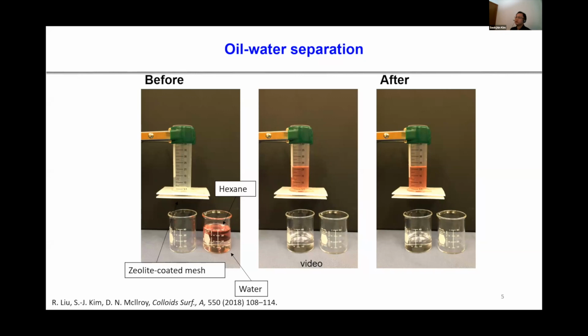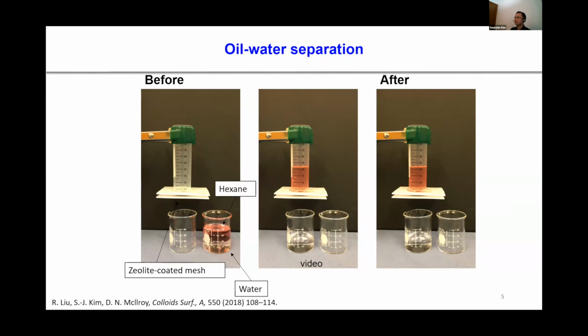As you can see, this is gravity driven. The driving force was gravity only. And in a few seconds, we have successful separation of the hexane and water mixture. So this is the promising part of ceramic or inorganic membranes.